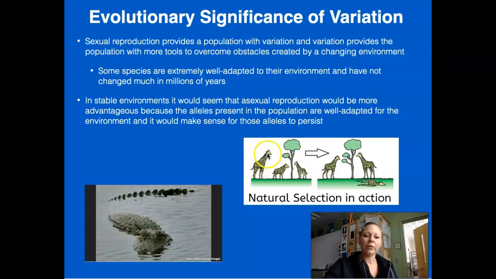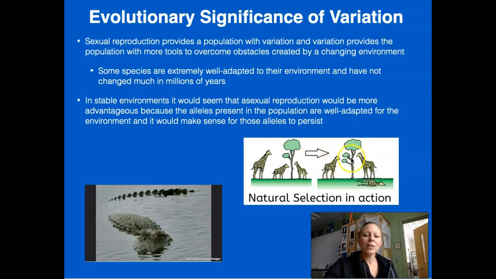This is variation within the species. If trees grow to be taller and the short giraffes can't reach the leaves, well, the tall giraffes can still reach the leaves.